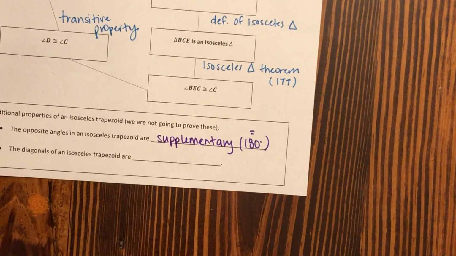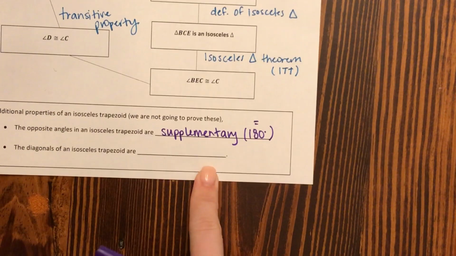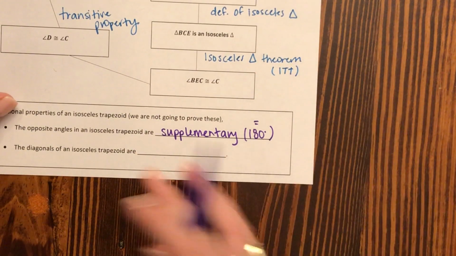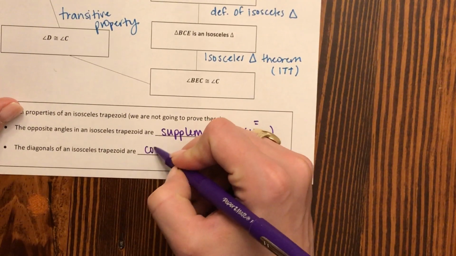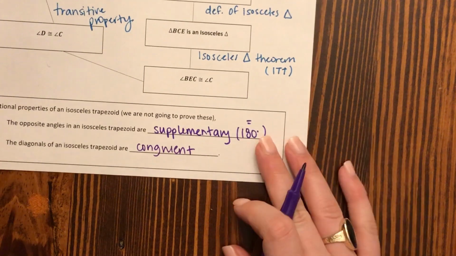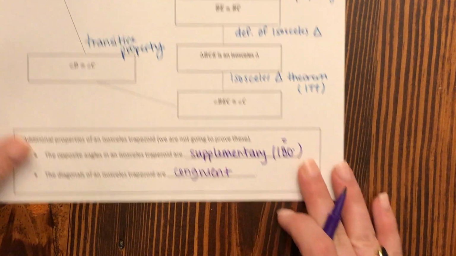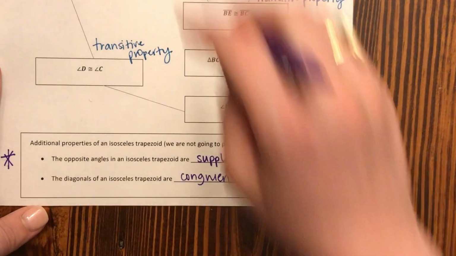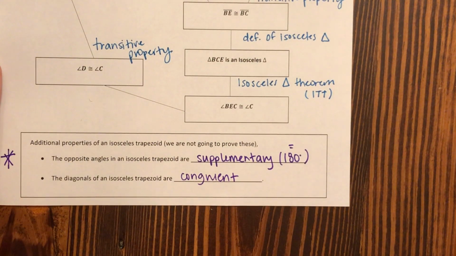And then the last thing, and this is kind of interesting, is the diagonals in an isosceles trapezoid. I wish I had time to prove this one. They are congruent, like a rectangle. So you're probably seeing, you need to study. In this unit, you're actually going to have 2 days of review because you've got a lot of properties, a lot of things in boxes that y'all need to memorize before your test next week.